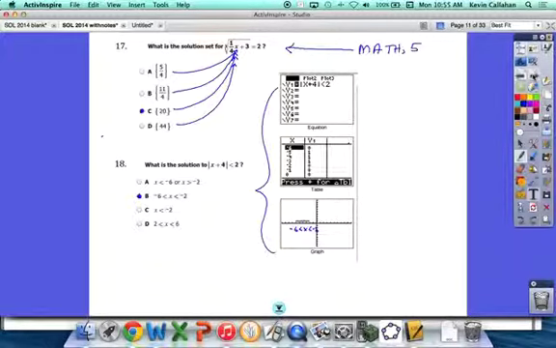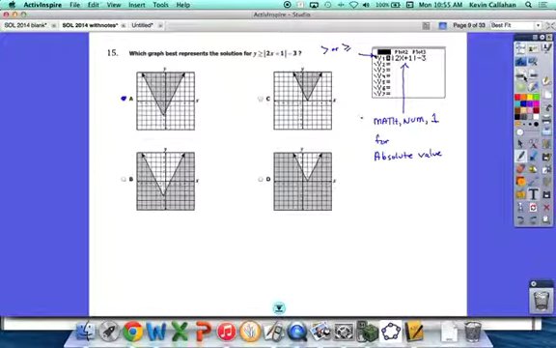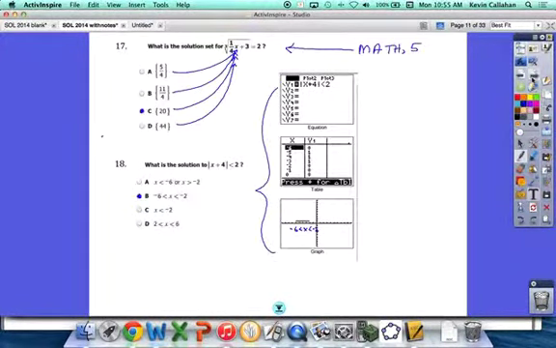Now, what's the difference between this one and this one? There's no y in that. It's a one variable absolute value. So if you do it with the calculator, you're still going to put it on line 1 there. Just, you're not going into the margin for your less than or greater than.